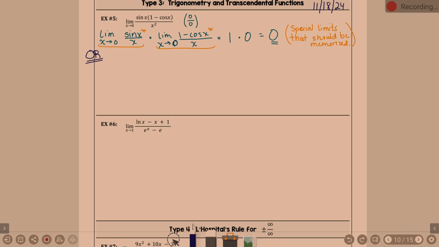We have to state that the limit of the numerator, so the limit as x approaches 0 of sine x times 1 minus cosine x is equal to 0, and the limit of the denominator. So limit as x approaches 0 of x squared is equal to 0.